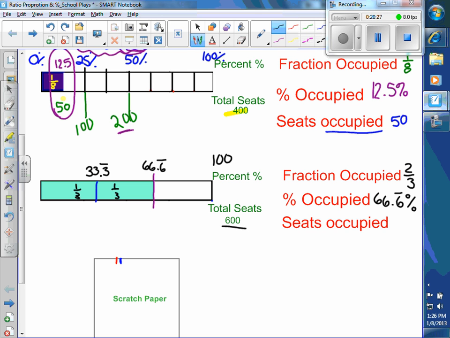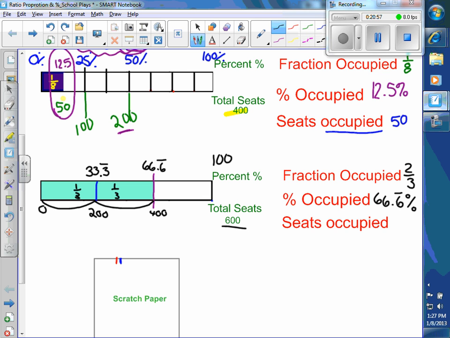And if you divide 6 by 3, you get 2. So Maddie, how many is 600 divided by 3? Right, 200, right? And once you get that first number, you can just count by 200s, right? So this is 400.